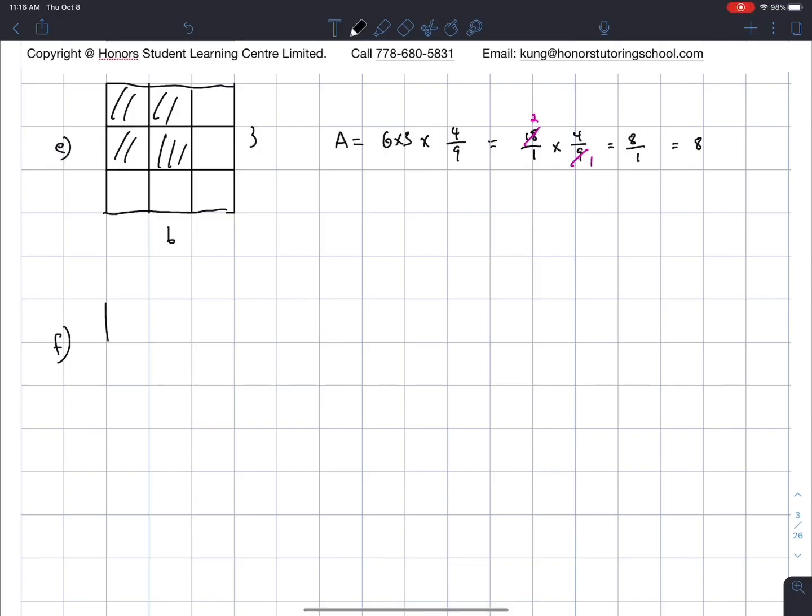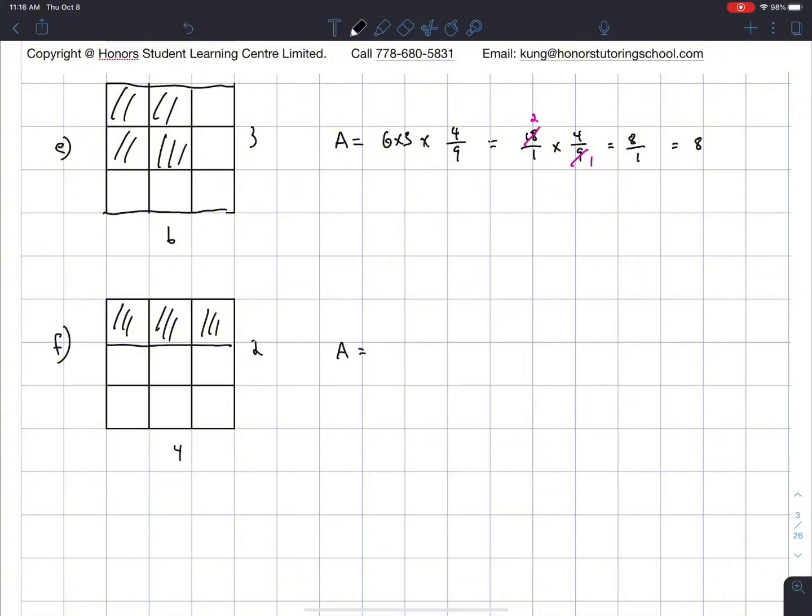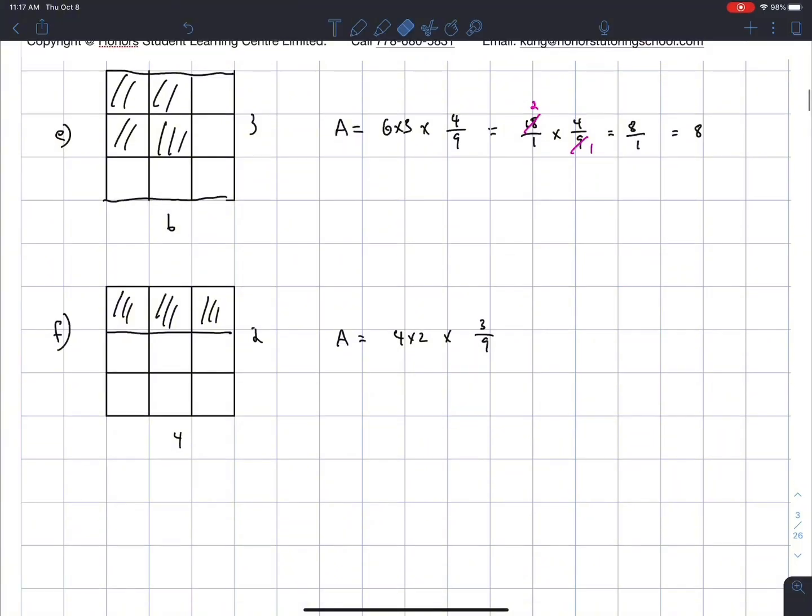And then F. So the area is 4 times 2 times 3 over 9. 4 times 2 is the total area of the entire rectangle, and only 3 out of 9 of the little rectangles are being shaded. 4 times 2 is 8.